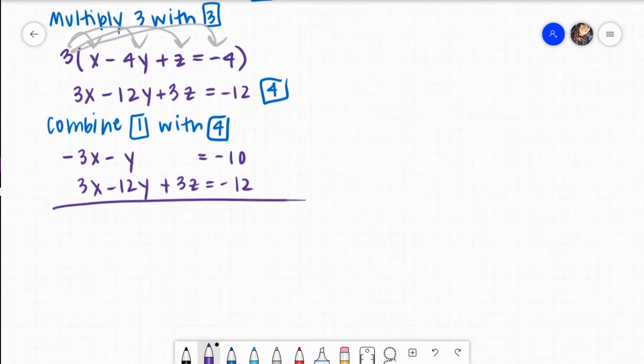Because they're the same sign, you just add your values, keep your sign, keep your variable, keep your exponent. Then right here, I have a positive 3z combined with nothing, which is just a positive 3z equals, if you combine a negative 10 and a negative 12, because the signs are the same, you just add them together and you keep the sign.